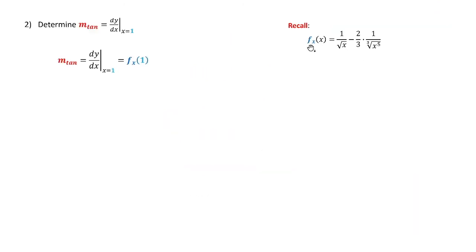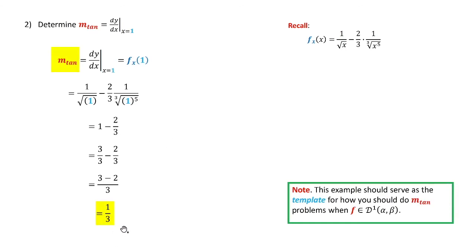So once I have this function, the derivative function, the function derived from f, I can find the slope of the tangent line for the function f just by plugging in. x is 1. So you plug in, and you get the slope is 1/3. And then this is how you do it. If I have the slope of the tangent line and a point, I can come up with the linear approximation.